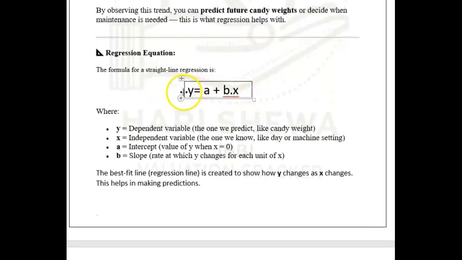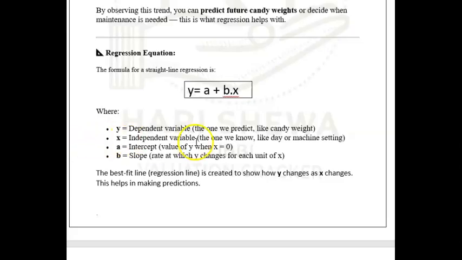The formula of the regression equation is y = a + bx. This equation you have learned in class 9. If you know x, and a and b, which are coefficients, then you can calculate the other variable y. Y is the dependent variable, the one we predict, like candy weight.